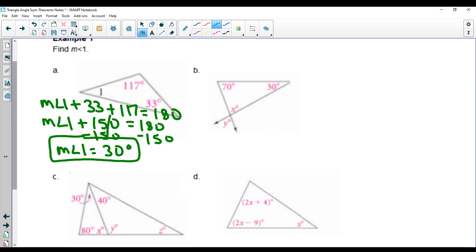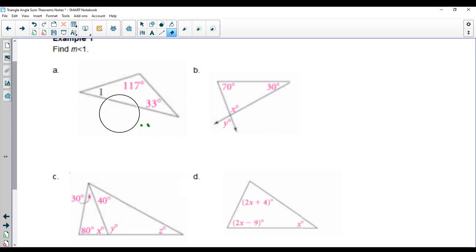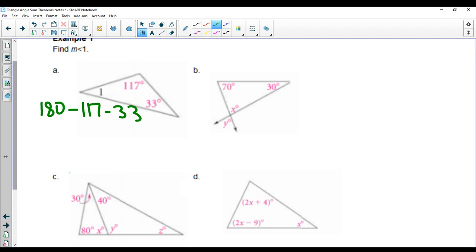Okay, now, that's the super long and drawn out way to do it. What most kids do when you have just the numbers like this is they know it equals 180, so they start there. And then they subtract the other two measures, and they just type that in their calculator.